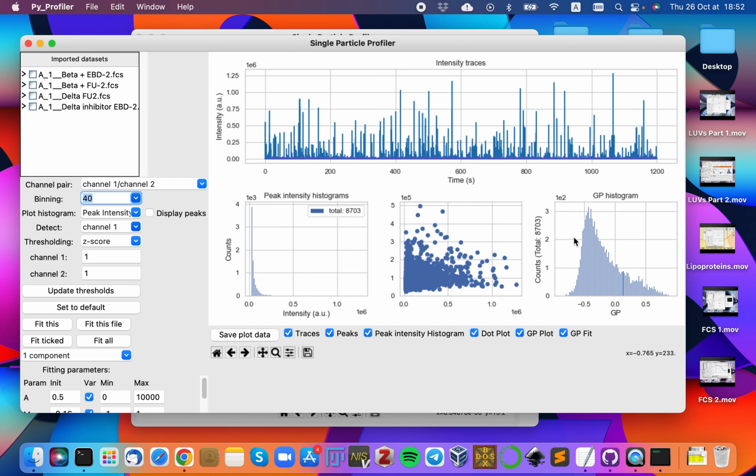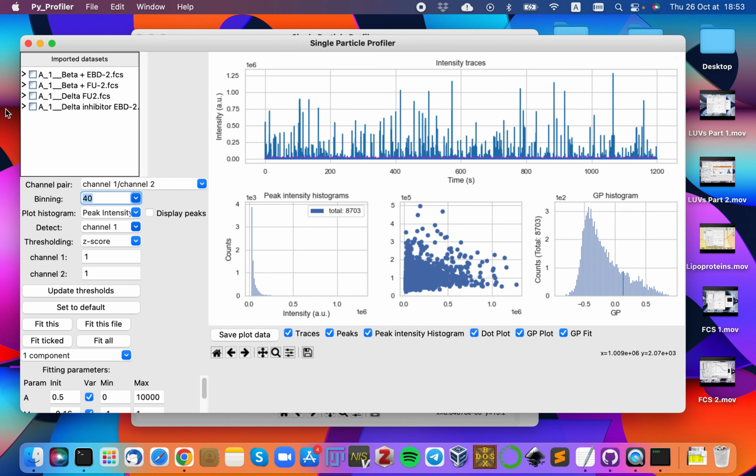What I will implement next, I will implement the possibility to correct for the background, because when you do this experiment, you just mix virus-like particles with nanobodies, and then of course you have some considerable noise from nanobodies that still stay in the solution.